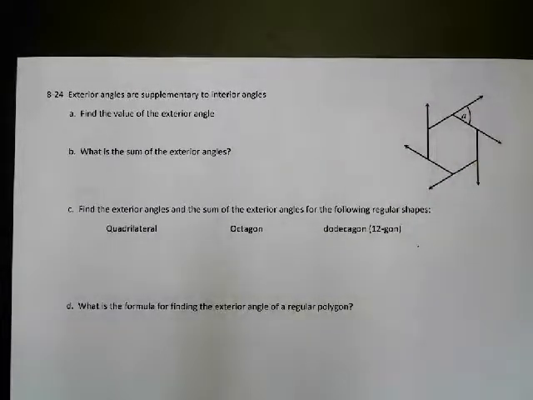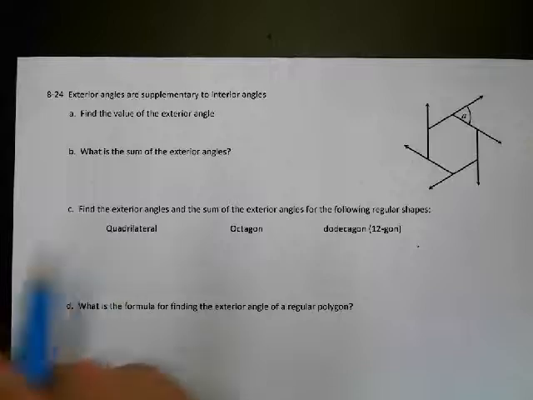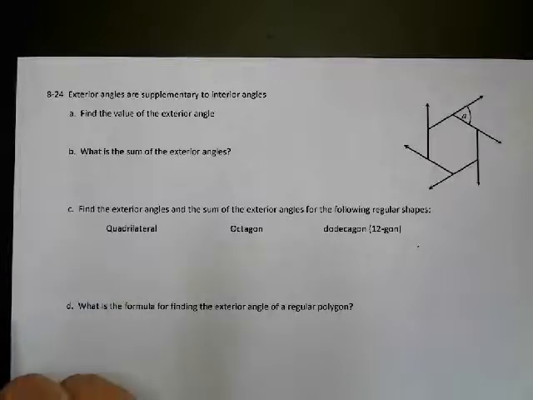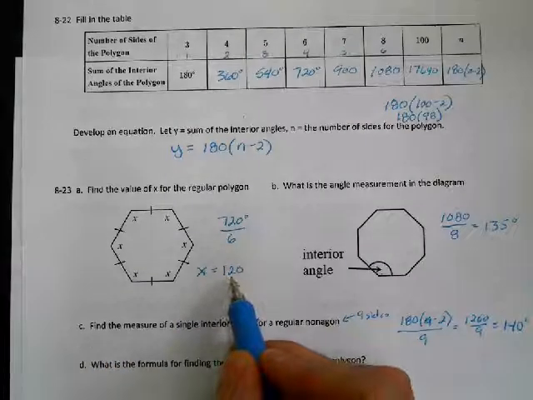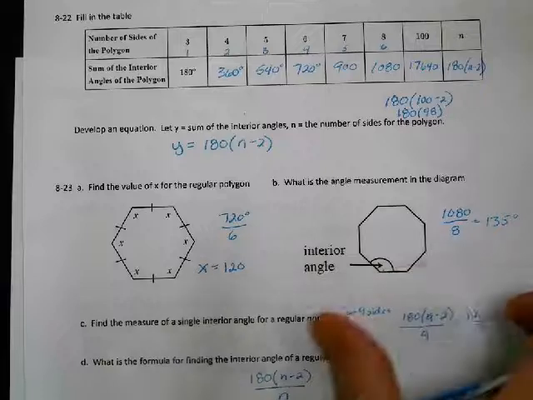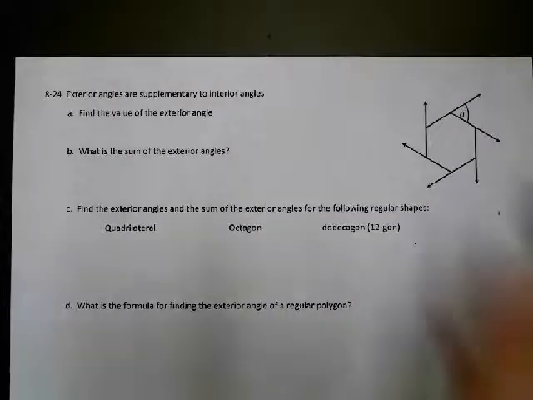And we said earlier when we have a 6-sided shape that they add up to a total of 720 degrees. And on 23A, this problem right here, I found out that each of these angles was 120. All right, so the interior angle is 120.